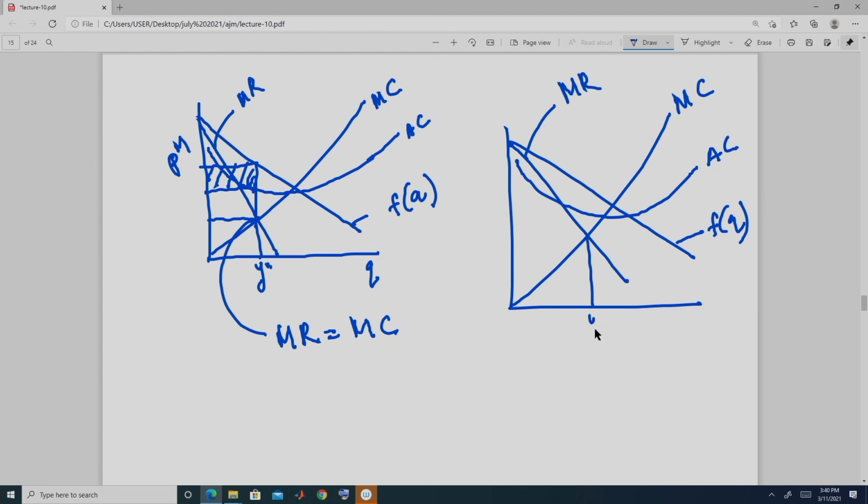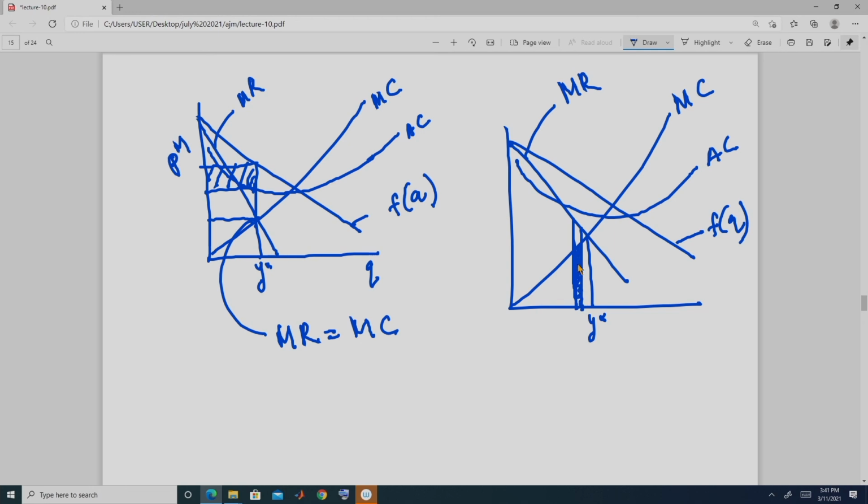So, this is the profit maximizing output of the monopolist. If it produces something less than this, this much amount of output, then instead of producing here, if it increases slightly till this, then additional cost is this region below the marginal cost, because it has already incurred the fixed cost.